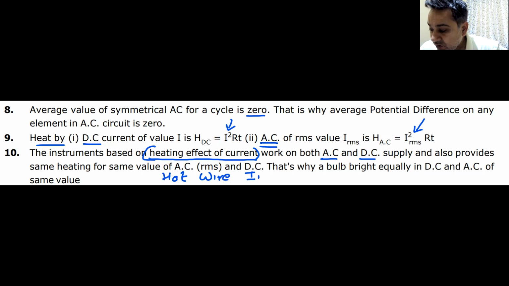So if it is an ammeter, it will be known as a hot wire ammeter. If it is a voltmeter, it will be known as a hot wire voltmeter. This hot wire ammeter or voltmeter will measure the mean of I squared. You can take the root of that, and hence you will get the RMS value.